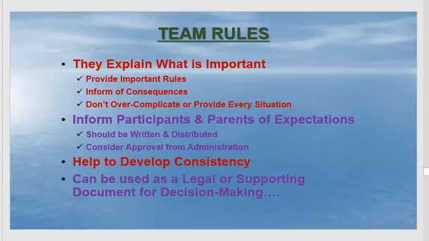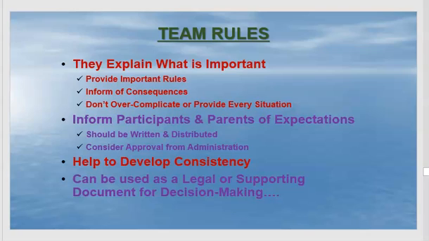All right. Your team rules should, like I said, explain what's important. Provide some very important rules. You might want to base these rules off your athletic department's rules as well as the MSHSAA or state association rules, the things that you really can't change, and make sure people understand those. If you can, inform of consequences for each rule. What I like to do, if I put that in writing, is have a range.